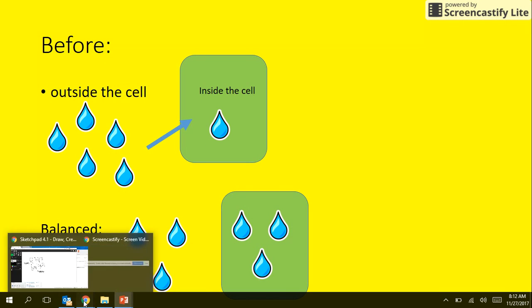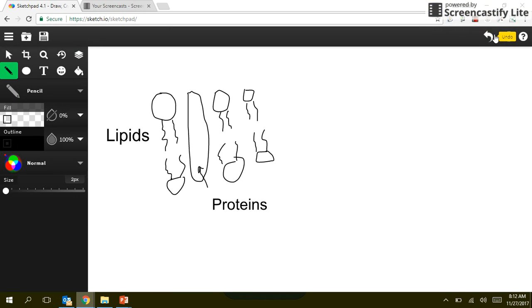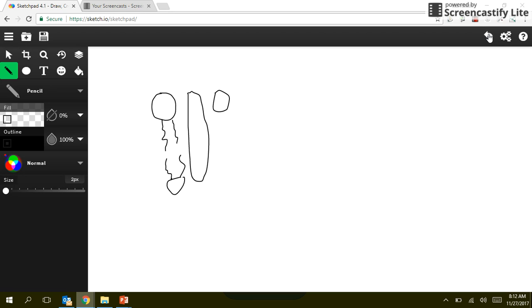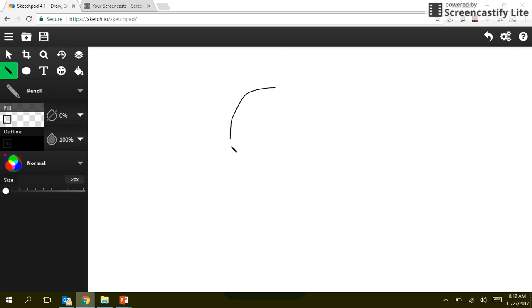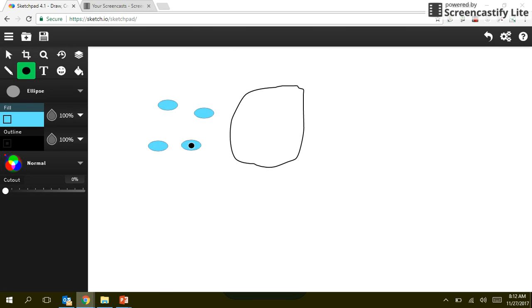Great. Now let's try another example together. Perfect. If this is my cell, and this represents my water, which way will the water molecules move in order to create a balance?